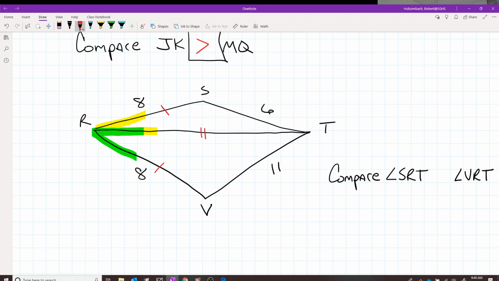Now you're using the converse of the Hinge theorem. What you're going to be looking at is what is opposite of the yellow angle and what is opposite of the green angle. The side that's opposite the yellow angle, which is your SRT, is smaller than the side opposite the green angle, isn't it? So which angle is smaller? Yeah, yellow is smaller, isn't it? So less than. That's your Hinge theorem and the converse of the Hinge theorem.